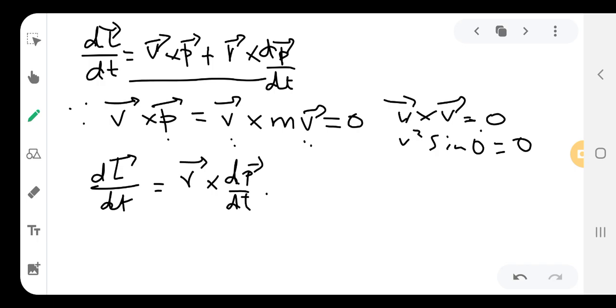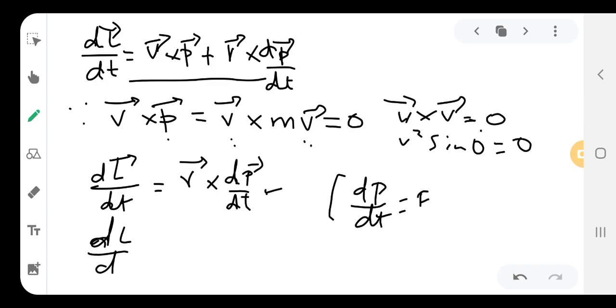Okay, now the rate of change of momentum is what? Force, Newton's second law, right? So therefore, since dp by dt is equal to F, dL by dt is equal to r cross F vector.